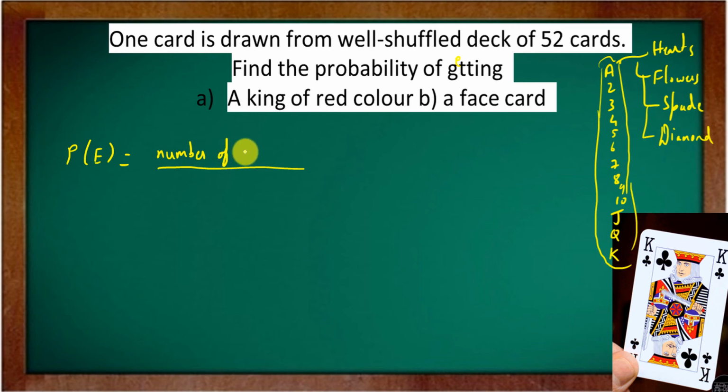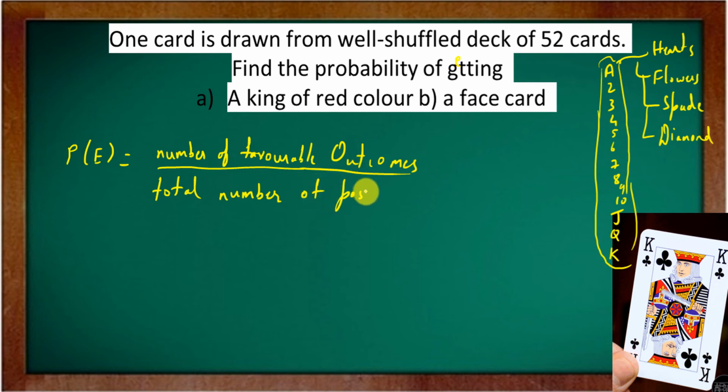Number of favorable outcomes, divided by total number of possible outcomes, so this was our definition, basic definition or basic formula of probability, right?